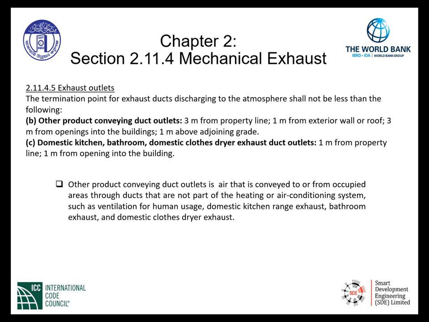So depending on what type of exhaust the engineer is designing, we need to see exactly where the termination points are based upon the type of exhaust system that is being designed.